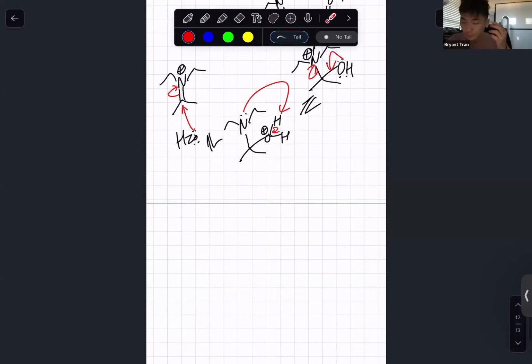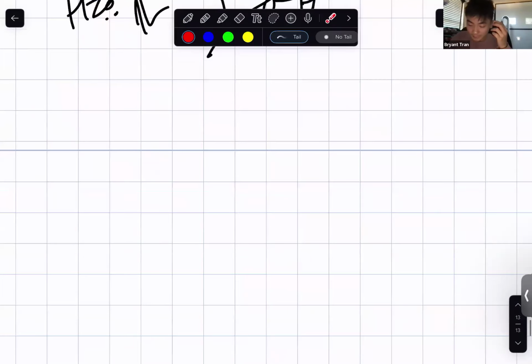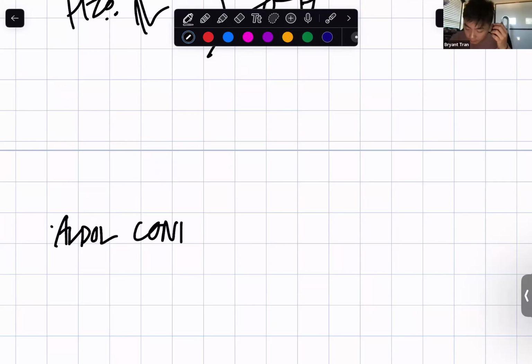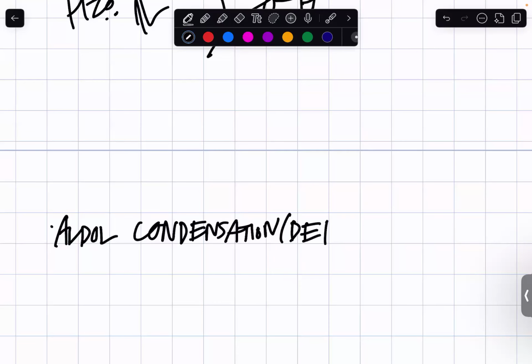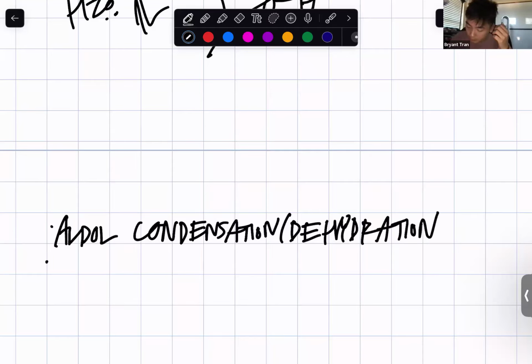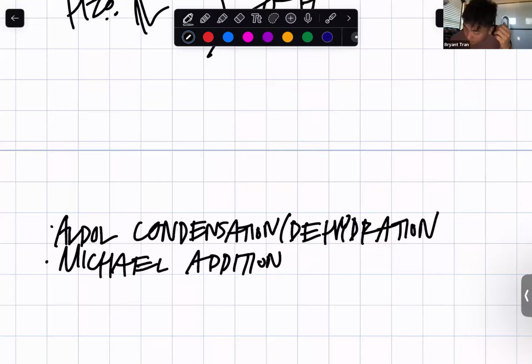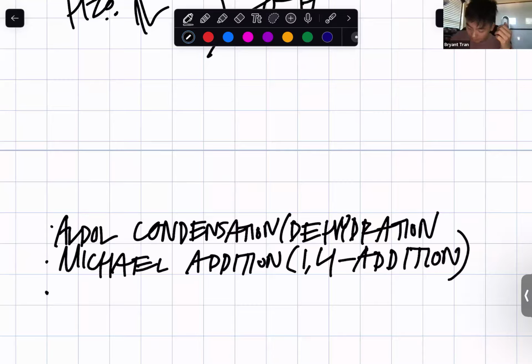But what I want to do is go over the big three chapter 18 reactions, which are aldol condensation, or dehydration if you heat, Michael addition, which is a type of 1,4 addition, and then Robinson annulation, which is the last reaction you learned in 118B.